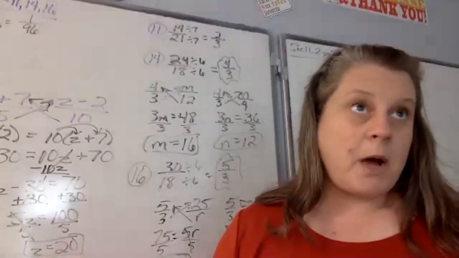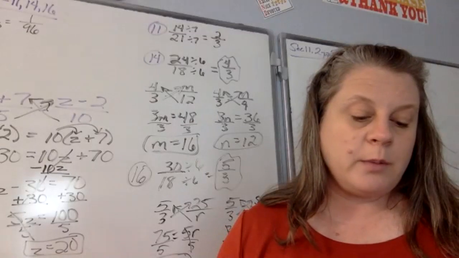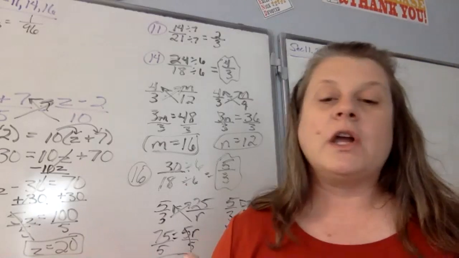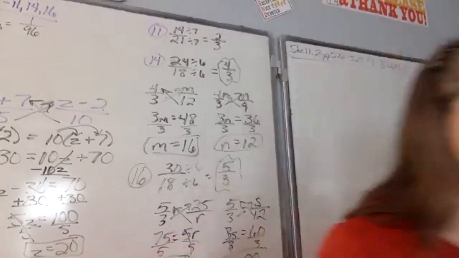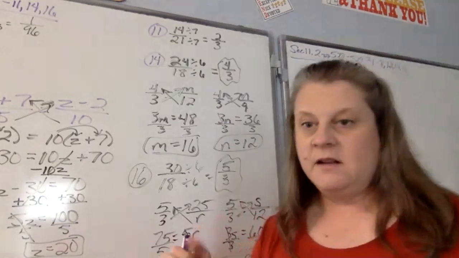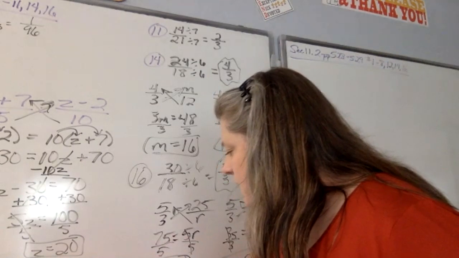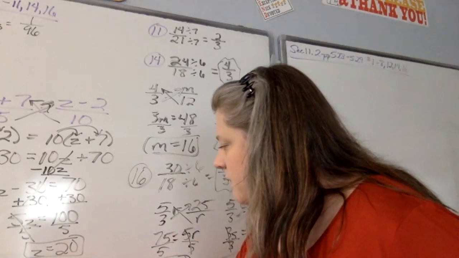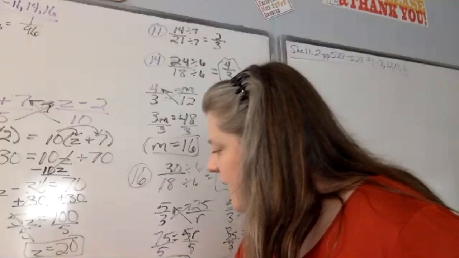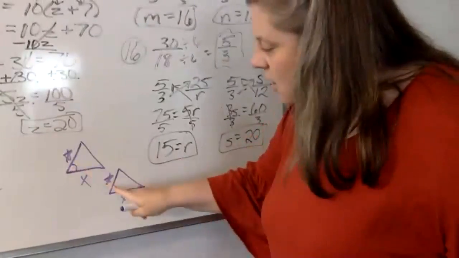And then the last one is at the bottom of page 526. It says if 2 sides of one triangle are proportional to the corresponding sides in another, and the included angles are congruent. Now remember, we talked about this a lot when we did our triangles. For congruent, included means inside. So this side matches up with this side, this side matches up with this side, and the angles included where those 2 sides meet are the ones that would be congruent.